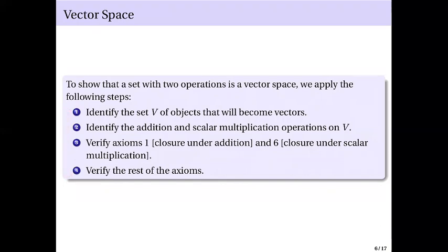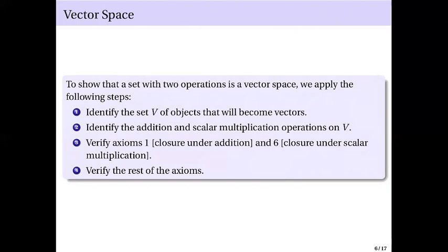First, you have to identify the set V. You have to know the form of your objects, and these objects will be the vectors, if you were able to prove that the non-empty set V is a vector space. And then, once you know the objects, you have to identify what the addition and scalar multiplication are. How do you add these objects? How do you do the scalar multiplication?